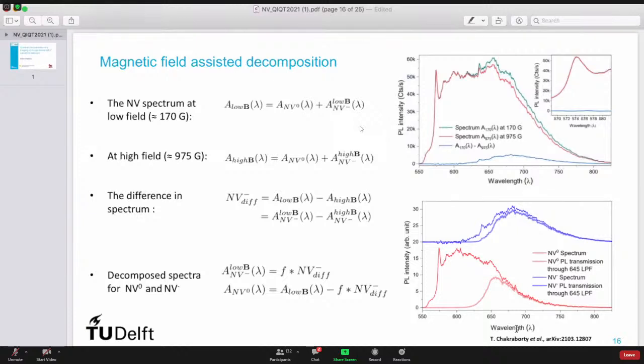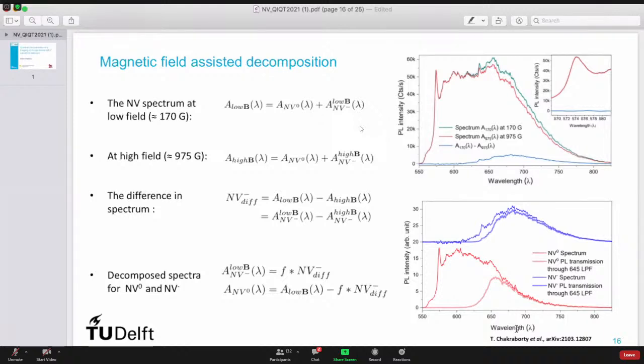To make sure that the spin mixing happens significantly and we have a significant change in the NV minus fluorescence, we performed this measurement in a large range of magnetic field, such that we see a big change in the fluorescence of the NV minus center. And then we consider the field values for which we see the maximum change in the NV minus signal to do the spectral decomposition analysis.